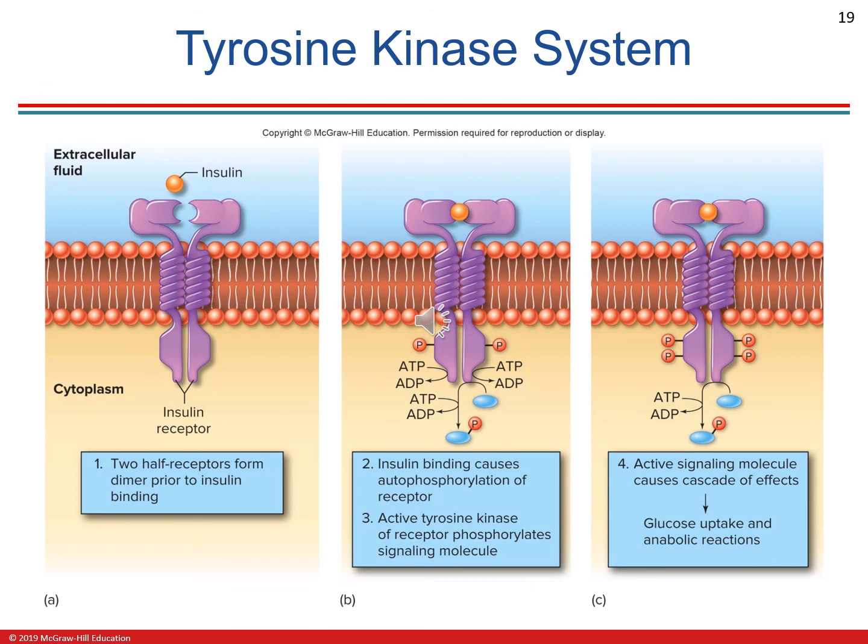By this action, and I really don't want to distract you with the chemical reactions that take place when there is a binding between insulin and the tyrosine kinase, but certainly what is the final destination?